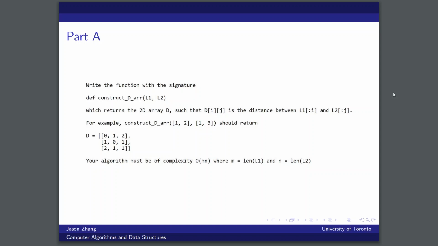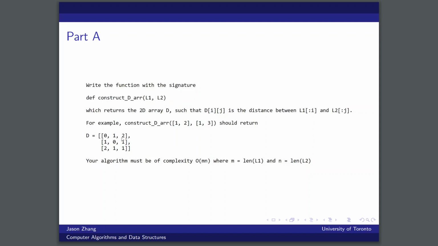But part A of the question basically asks us to write a function, construct D array, that takes in the two lists, L1 and L2, which are inputs, and it wants us to return the array D, such that D[i][j] is the distance between L1 up to element i and L2 up to element j.